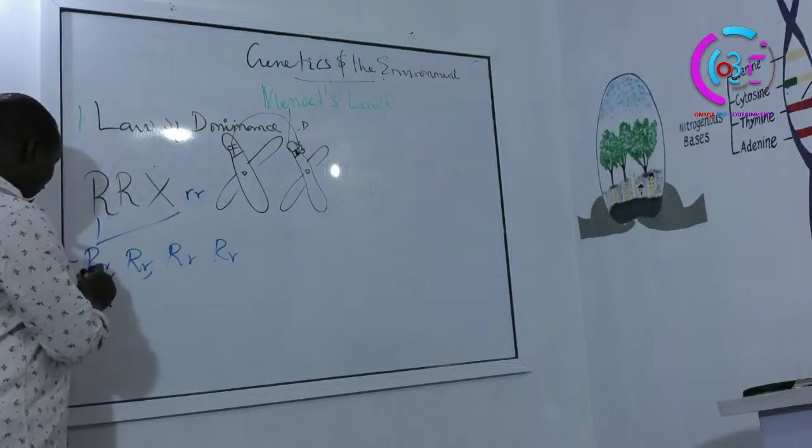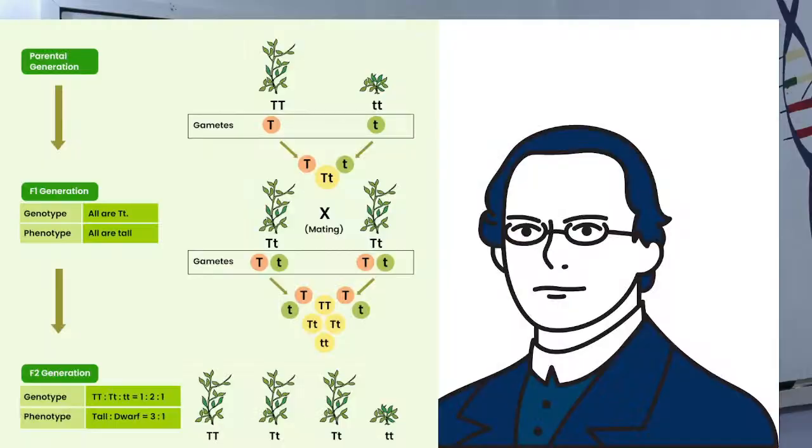Don't forget that you always get your F2 generation by crossing the offspring of the first filial generation.